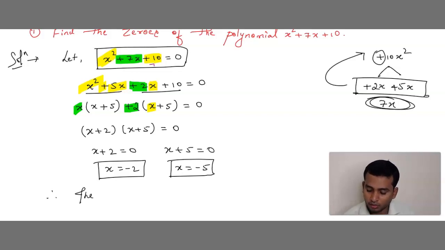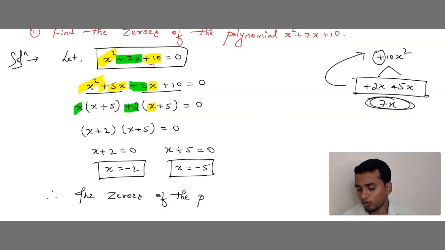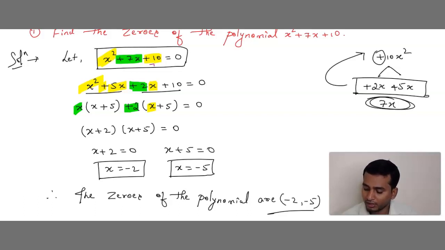Therefore, the zeros of the polynomial are minus 2 comma minus 5. So these are the zeros of the polynomial. Which are the zeros? Minus 2 and minus 5. These are the two zeros of the polynomial.